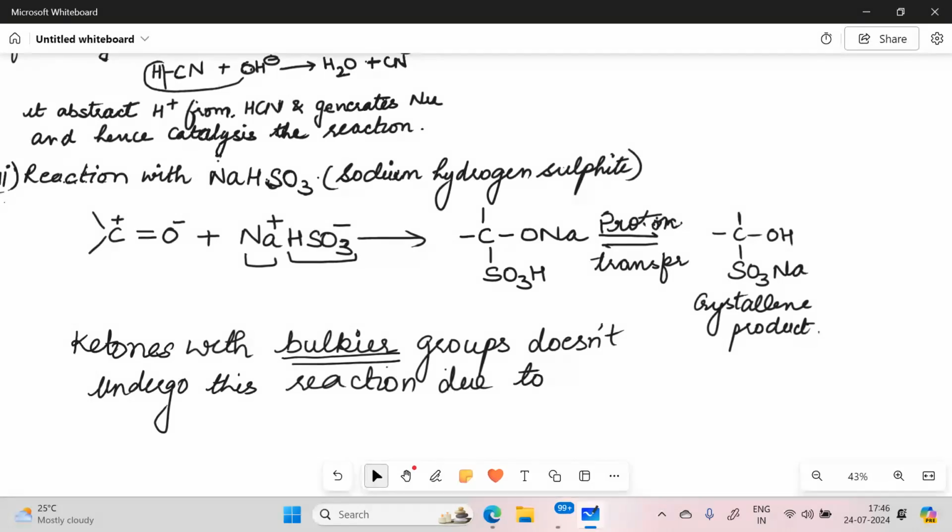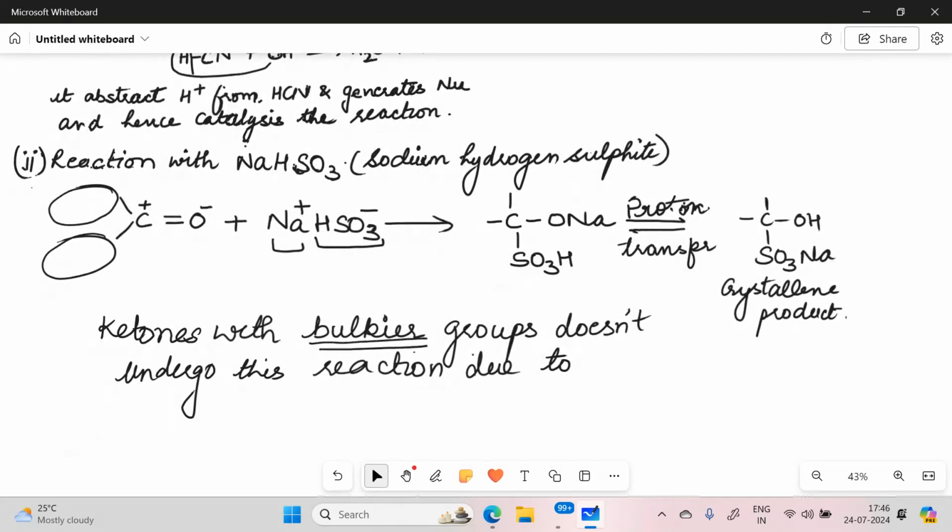It means some heavy R groups. Let us suppose there is one heavier R group here, one heavier R group here. And the nucleophile here is also very bulky, SO3H. So if you have two bulkier R groups with carbon, is there any space for HSO3 minus to attack on carbon? No, ma'am. So there will be no space.